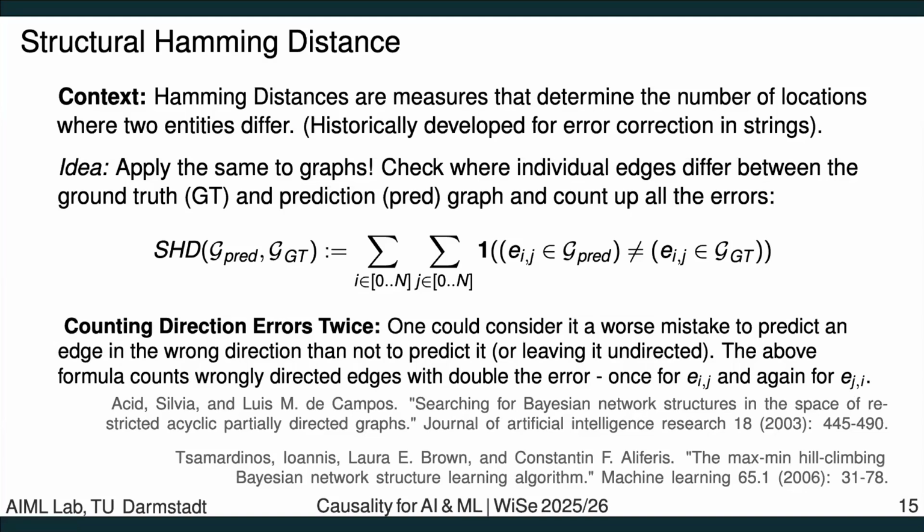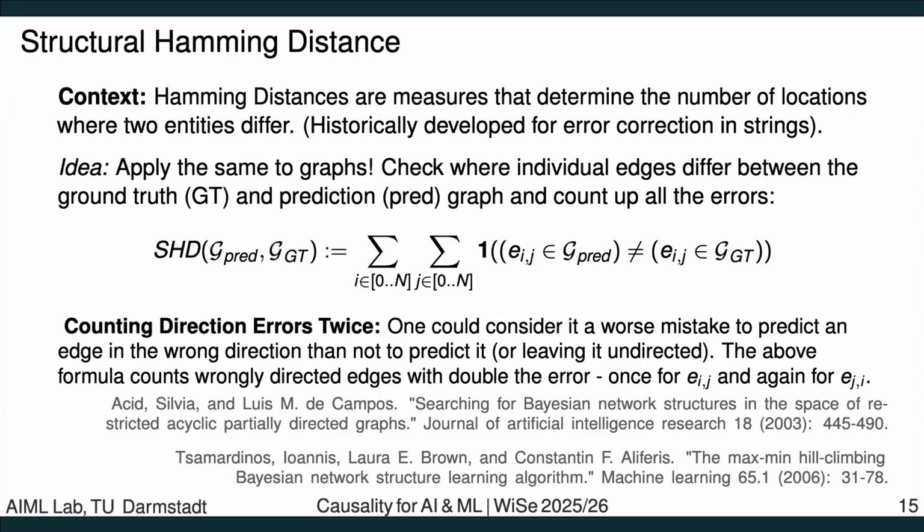Yeah, and there's one interesting choice to make. If you look at these two sums, what they tell you is that you iterate over all the edges in both directions. So we assume these are always directed edges.